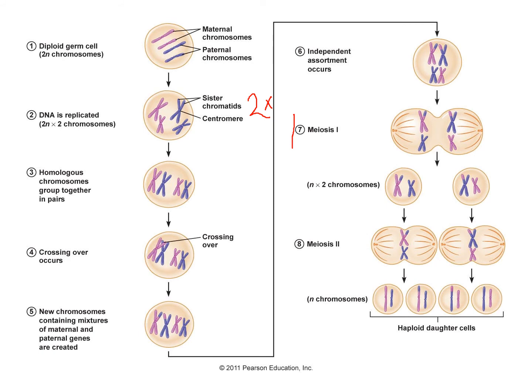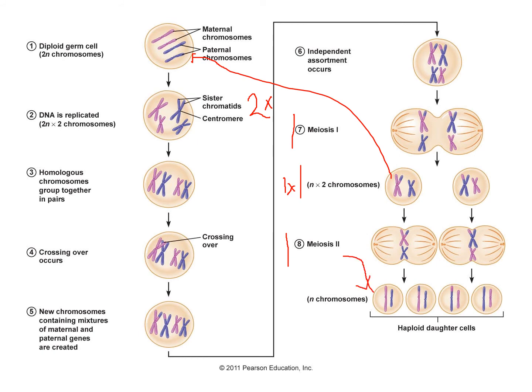In meiosis 1, it is similar to mitosis, where the cells divide. And when the cells divide, you essentially have the same as these cells, so these are very similar. But another thing happens, and that is meiosis 2. During meiosis 2, the cells further divide.